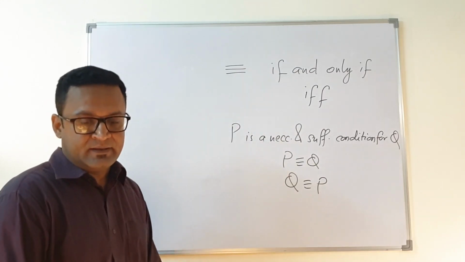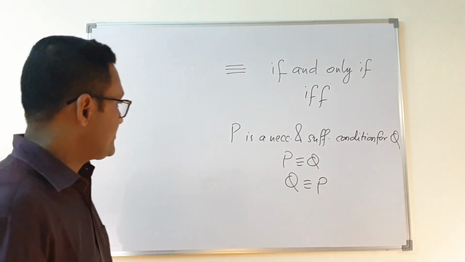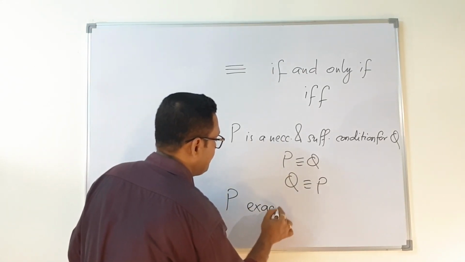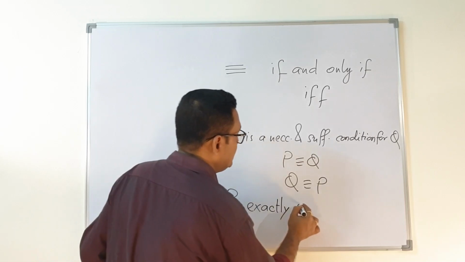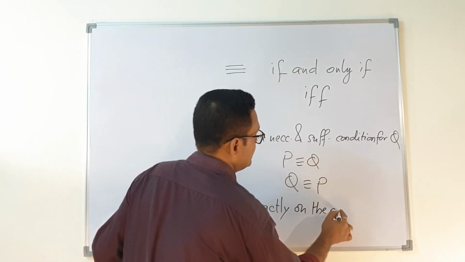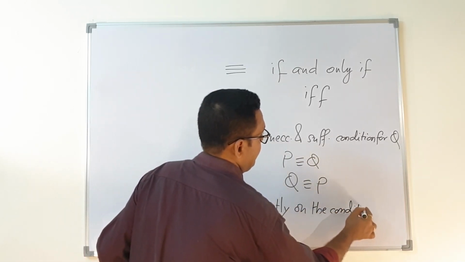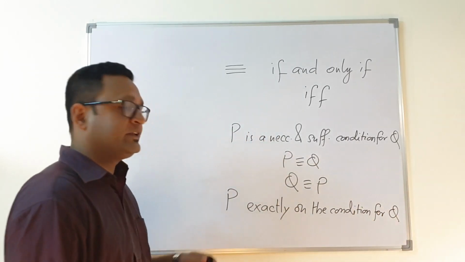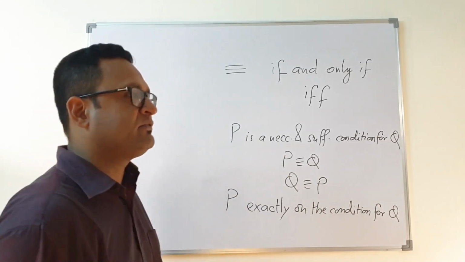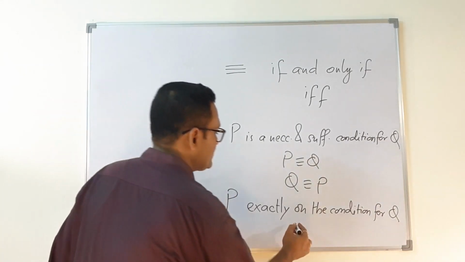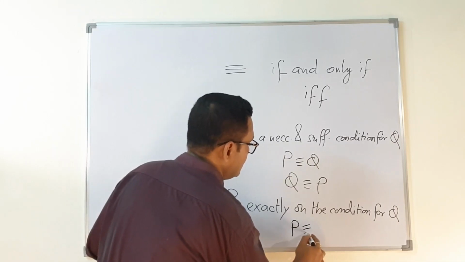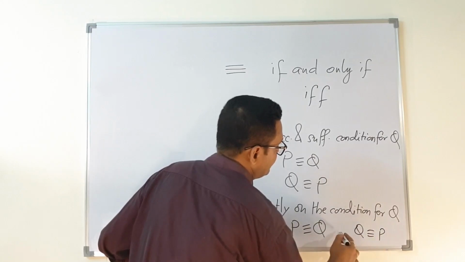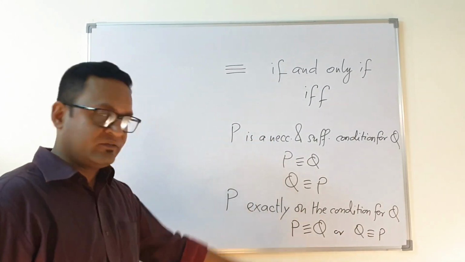So this is another expression for equivalence. There is another expression, P exactly on the condition for Q, or on Q, or of Q. Sometimes it is written in different ways. So this expression is also P triple bar Q, or you can write it as Q triple bar P. You can write any one of them.